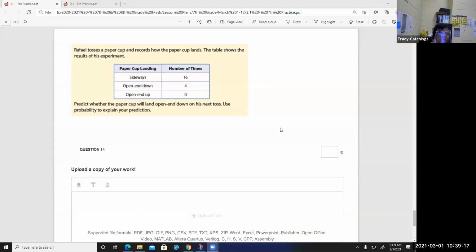All right, Raphael tosses a paper cup and records how the paper cup lands. The table shows the results of his experiment. Predict whether the paper cup will land open and down on his next toss. Use probability to explain your prediction.